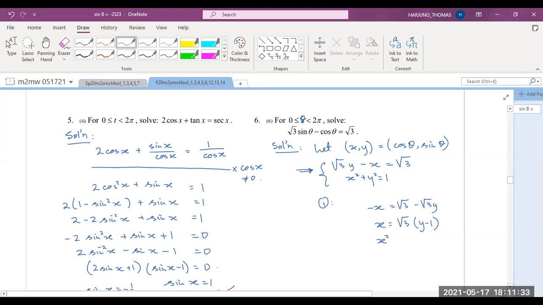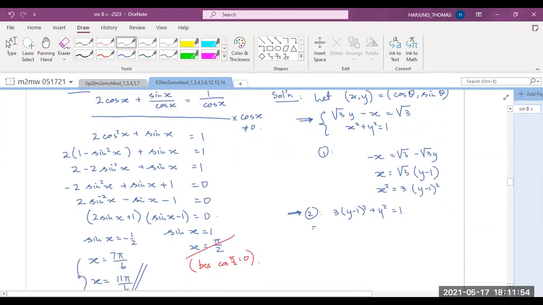When I square, I get 3 times (y minus 1) squared. Plug that into equation 2: 3 times (y minus 1) squared plus y squared equals 1. So 3 times (y squared minus 2y plus 1) plus y squared equals 1.